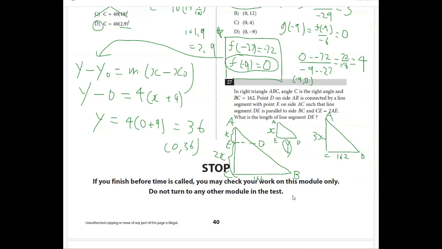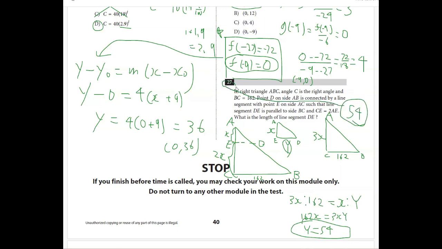So I'll just write this as 3x to 162 is equal to x to y. And we're trying to solve for y here. So 162x is equal to 3xy. Divide by 3x on both sides, and you get y is equal to 54. So the length of the line segment DE is 54. 54 is the correct answer here for question number 27.